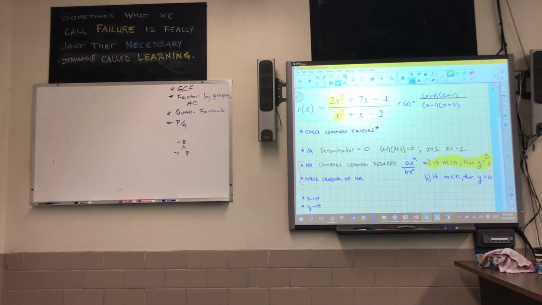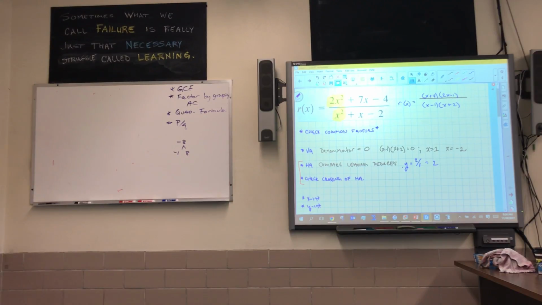So we have a horizontal asymptote. It's an equation. It's y equals 2 in this case.